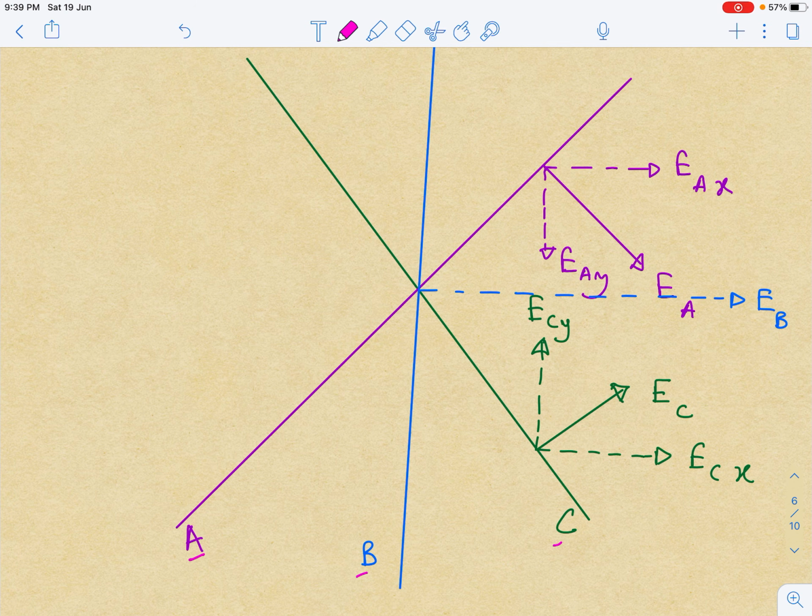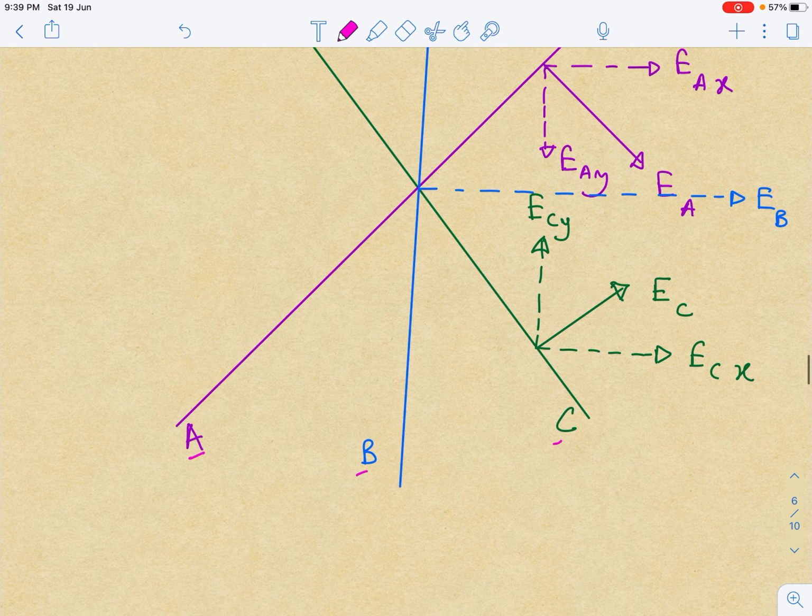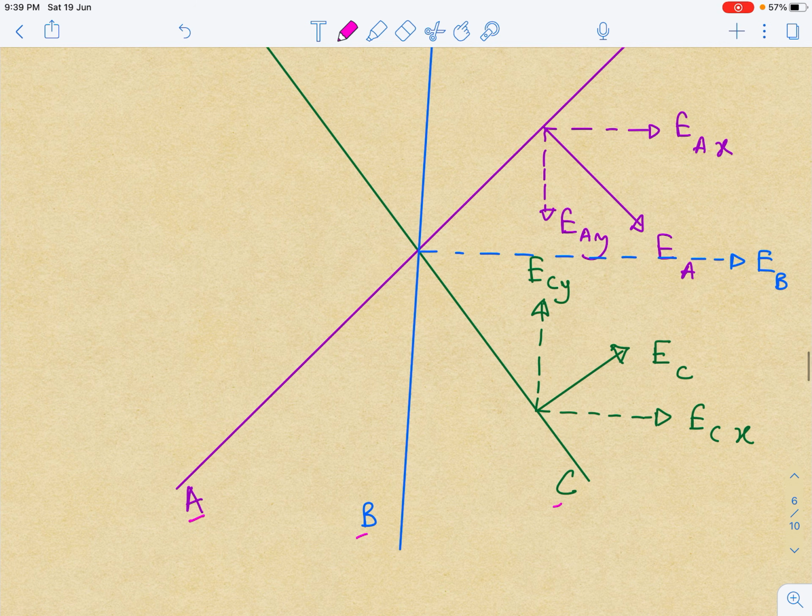See, for each plate, field is always perpendicular and radially away from it. Why? Because all of them are plus, so positive charge distribution is there. Let us check for A. For A first, this is perpendicular to this plane, correct? And it has 2 components, X component and Y component.